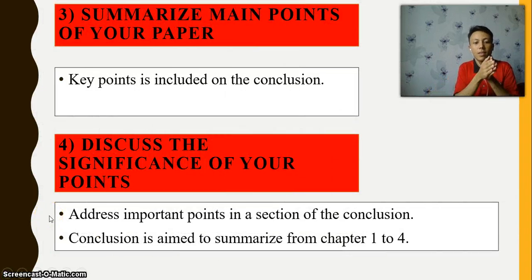Okay, and then the fourth one, discuss the significance of your points. Note that it may be unnecessary for most papers. However, in some cases, you need to address the importance of your points in a section of the conclusion. Note that you don't have to do it in case you have already considered it in the question of your paper.